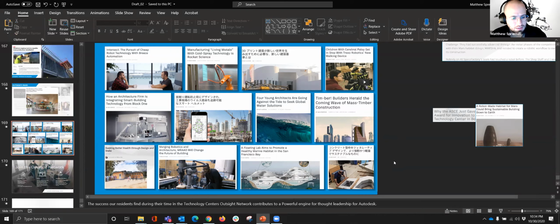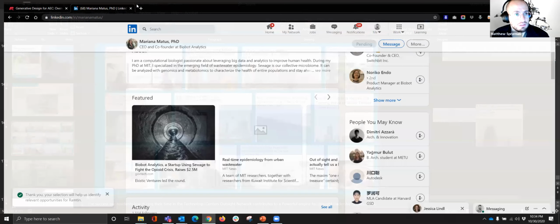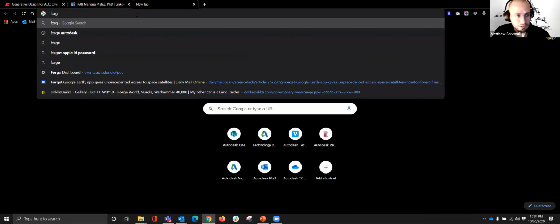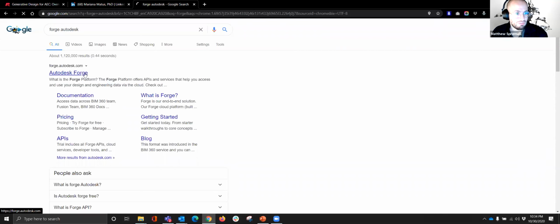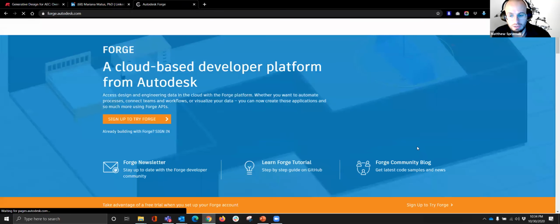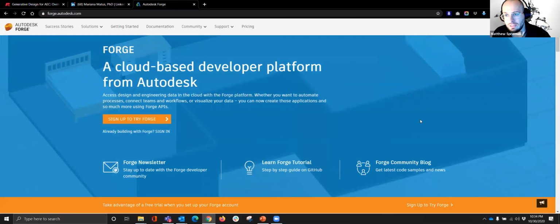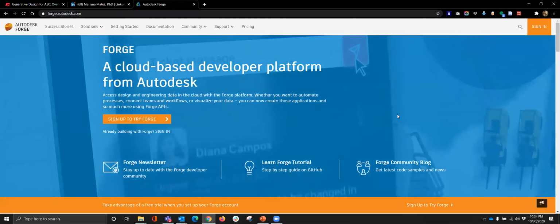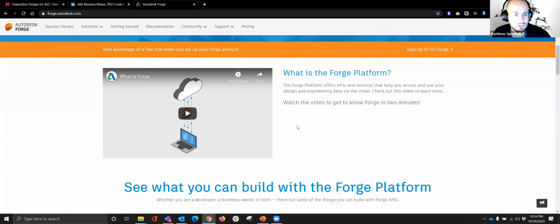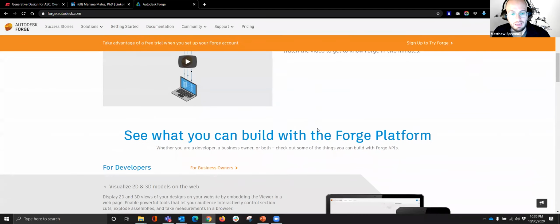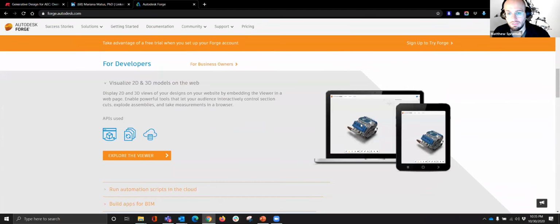Yeah, technically Autodesk has a tool called Forge, which allows you to develop essentially your own custom APIs to go between programs. So there's a lot of different ways that you can leverage data computation and connect different software together.